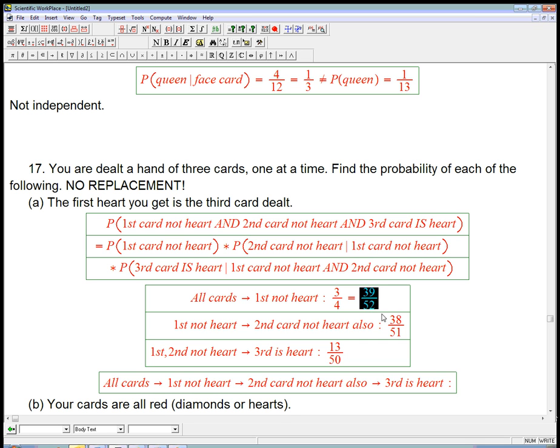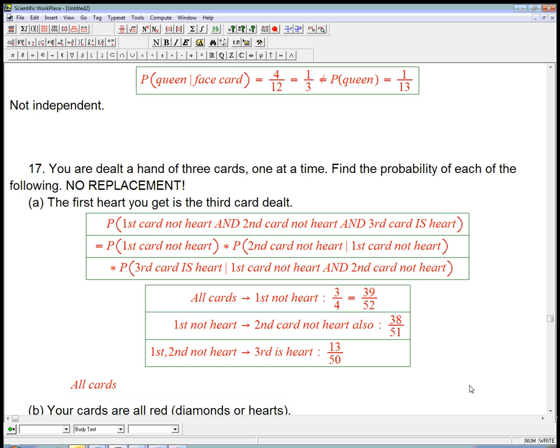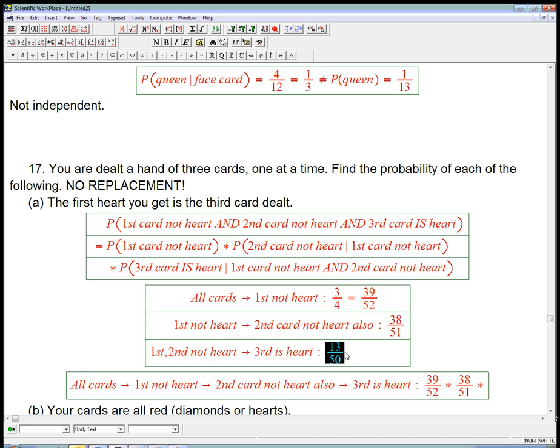We're taking the 39 out of 52 that we got originally, then multiplying it by the conditional probability that the second card is not a heart as well. Then we multiply by another conditional probability, getting one of the 13 hearts out of the 50 remaining.